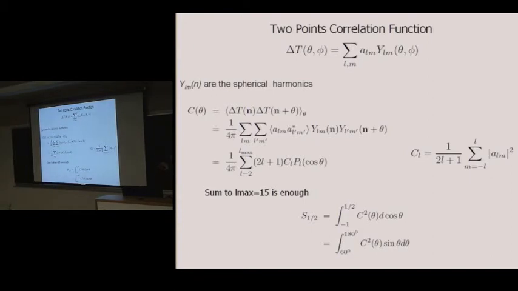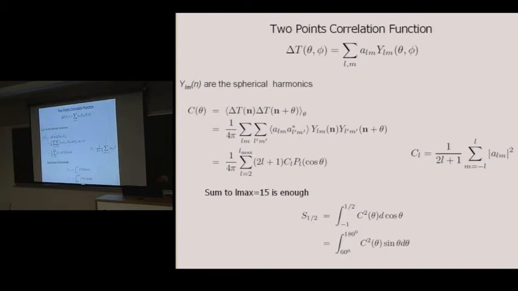The angular average goes to the a_lm. If the temperature fluctuation is completely isotropic, then by averaging the a_lm, this links to the angular power spectrum, the C_l.